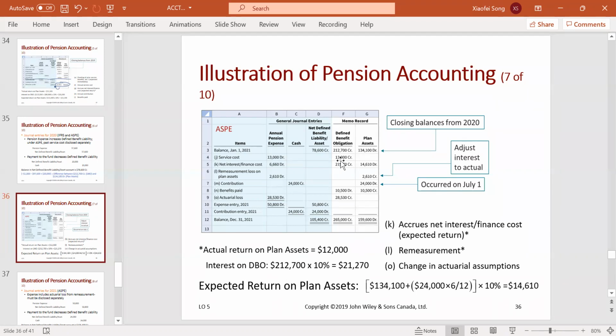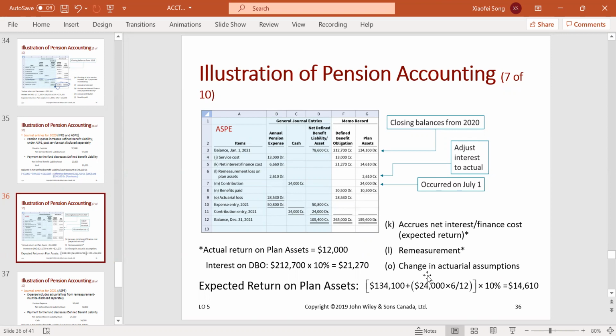21,270. But this is the year we assume the contribution was made in the middle of the year. So this year, the expected return down here is calculated differently from previous years. The way the previous year's expected return was computed implied that the contribution was made at the end of the year.